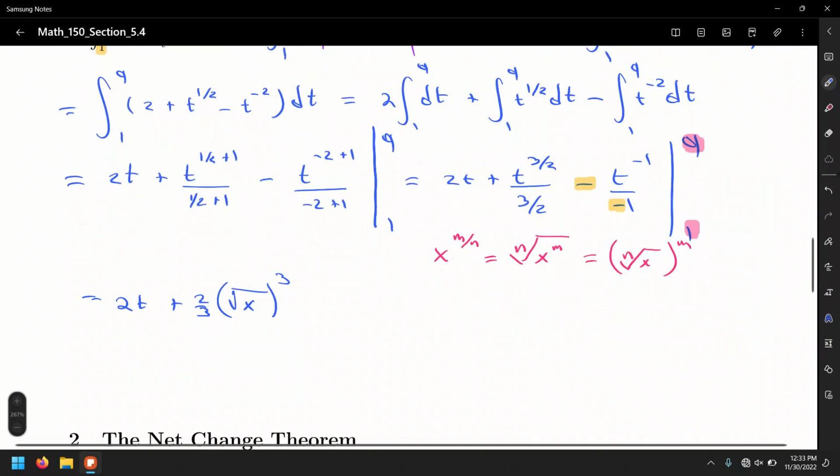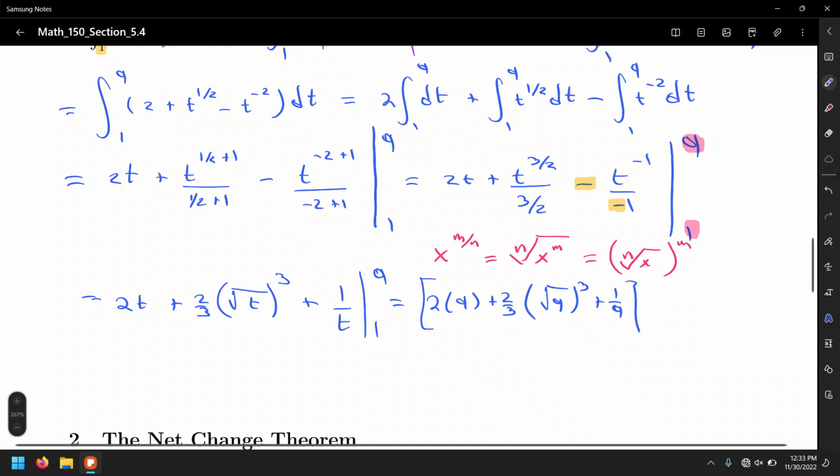So minus minus, that's a plus 1 over t, and actually this is a t, not an x, right? And still from 1 to 9. It's time to evaluate upper limit minus lower limit. So 2 times 9 plus 2/3 square root of 9 cubed plus 1 over 9.